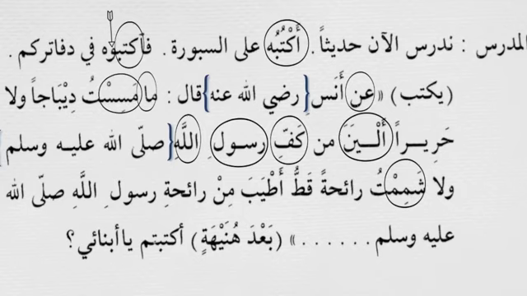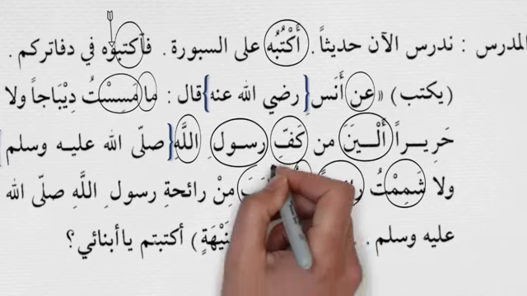So ما مسست ديباجا ولا حريرا ألين من كف رسول الله صلى الله عليه وسلم ولا شممت رائحة قط أطيب من رائحة رسول الله صلى الله عليه وسلم. Subhanallah, we should be able to understand completely now. So qattu is for emphasis in the past tense.